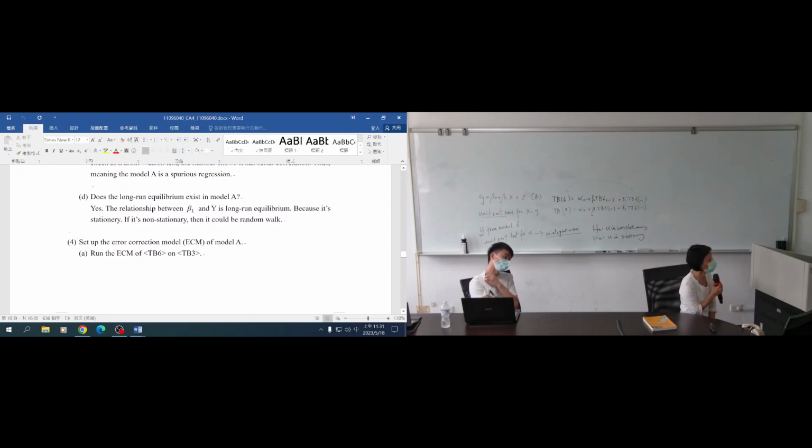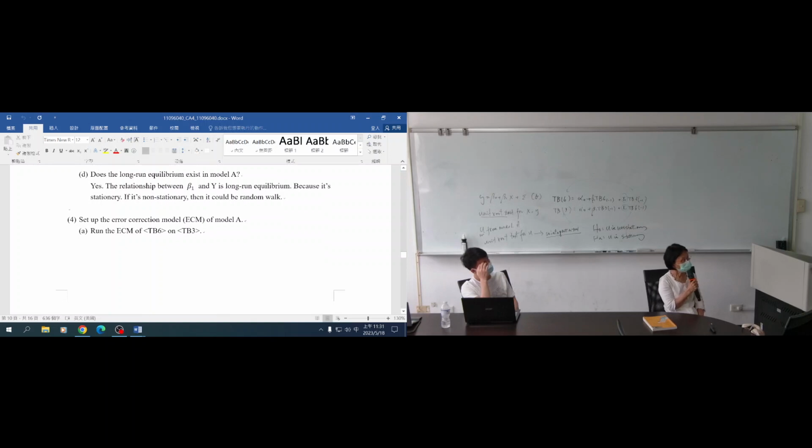Because the residual from model A is stationary, it is at the long run equilibrium. So the coefficient beta 1 is the long run equilibrium coefficient. Okay, noted.